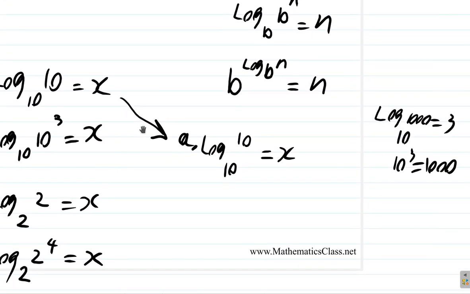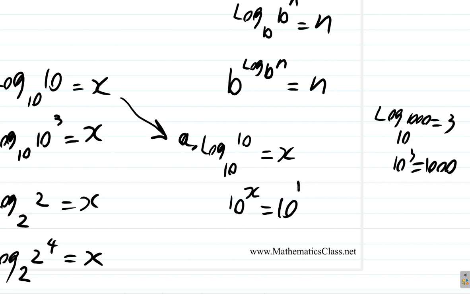So here now, the base is 10 in log, the base is also 10 in the index. You say equals x. In the index form, the number that's for the power is x, so it's 10 to the x equals 10.